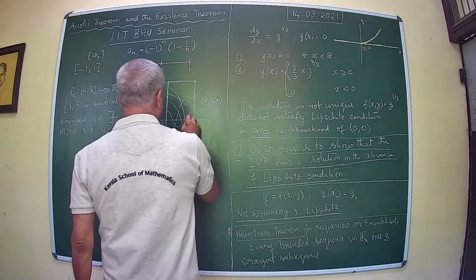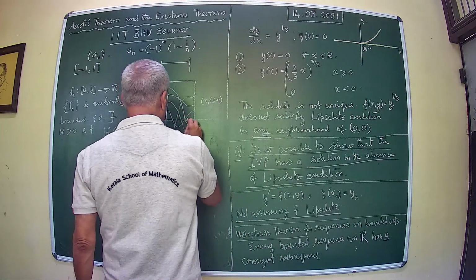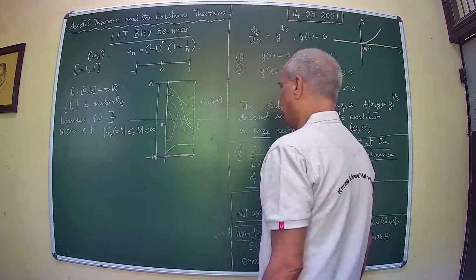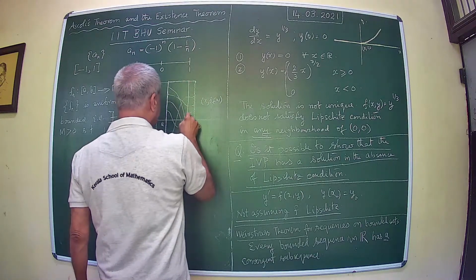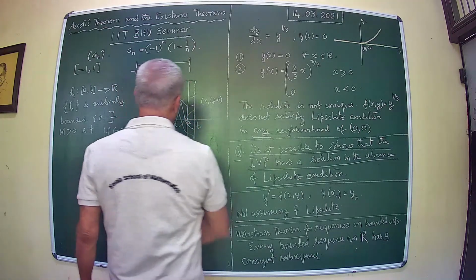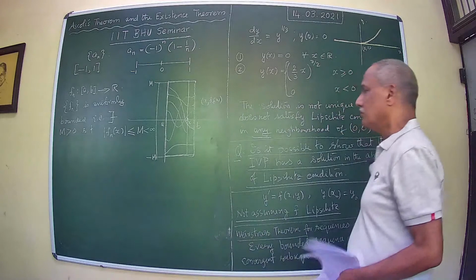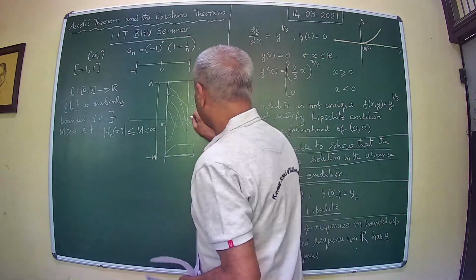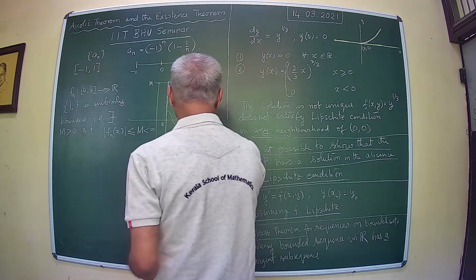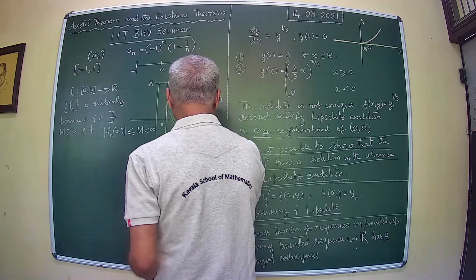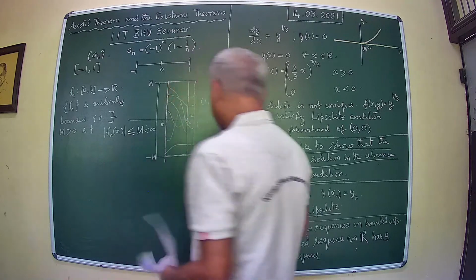You take some point x on the interval A. Now if you draw a vertical line, you see that the function f_n, look at the sequence f_n(x). What can you say about the sequence?